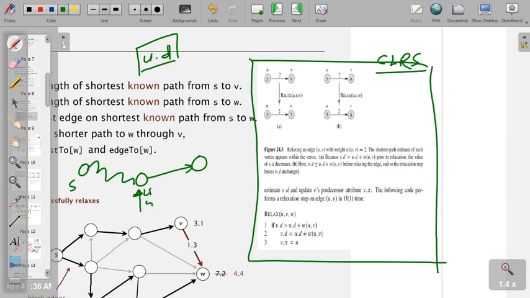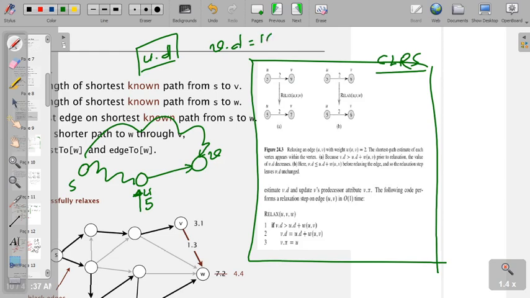And say this is 5. Before discovering this, some other way I had reached this v from the source, and that was v dot d.